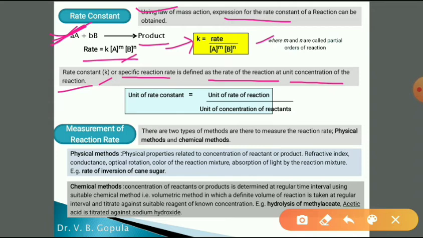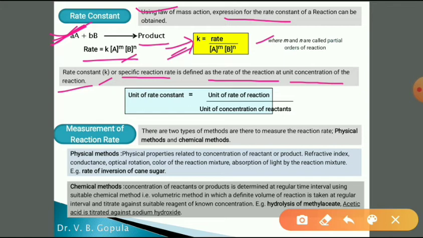That means if you see here, k equals rate upon concentration of the reactants.